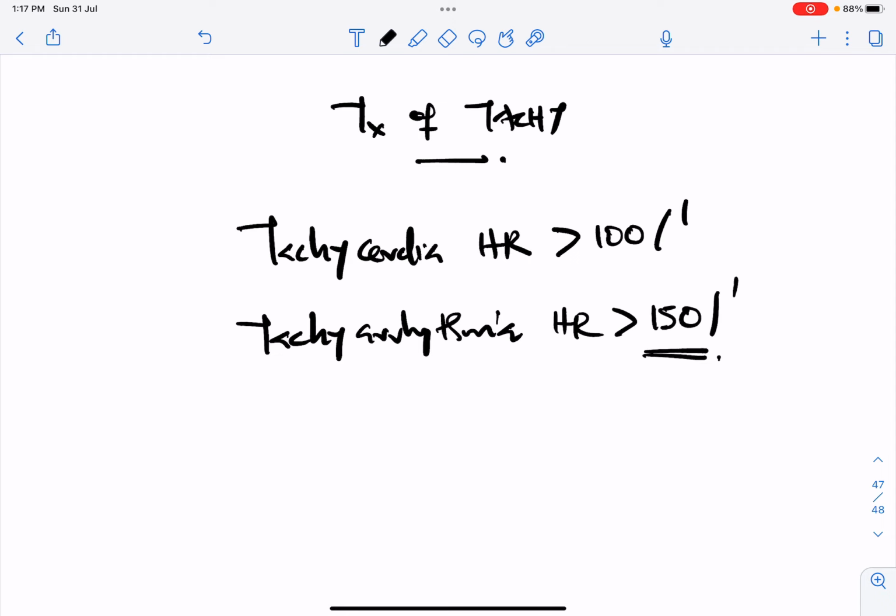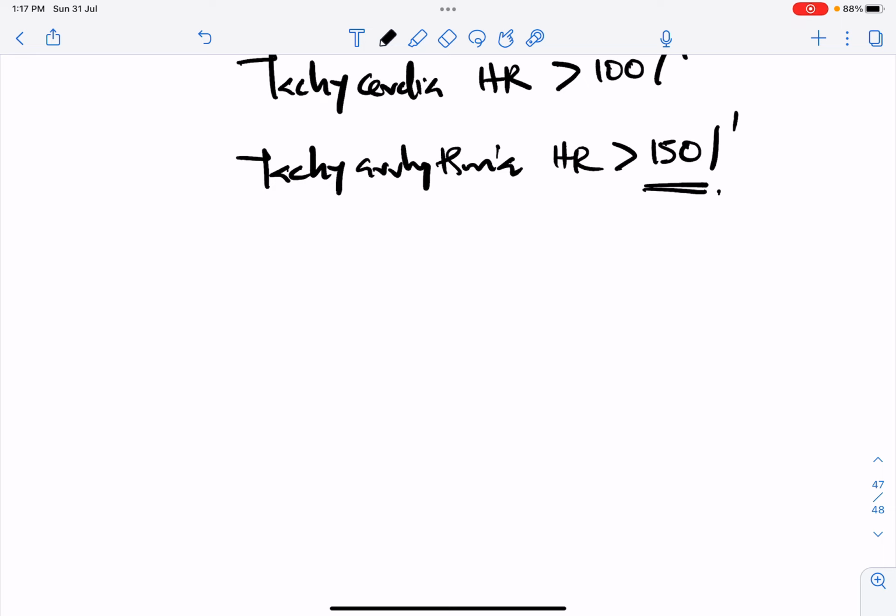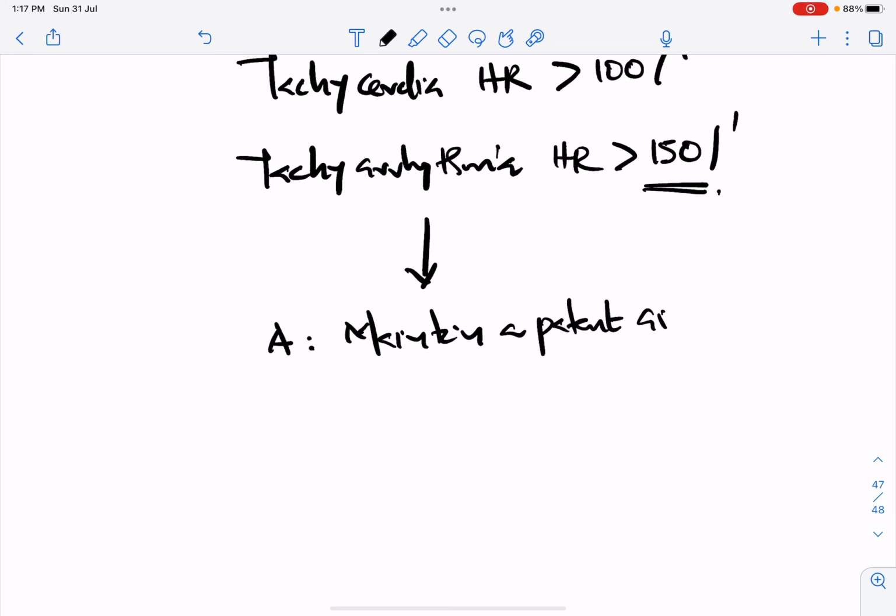Okay, so here also you have to do a primary survey. In the airway part, you have to maintain a patent airway. B part, again you have to give O2 if hypoxic. Look for the saturation.